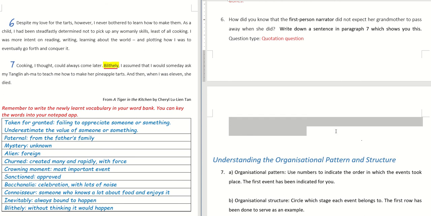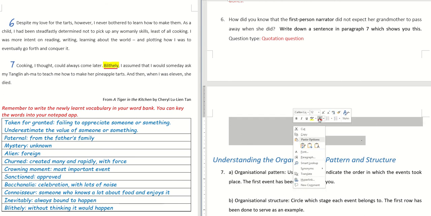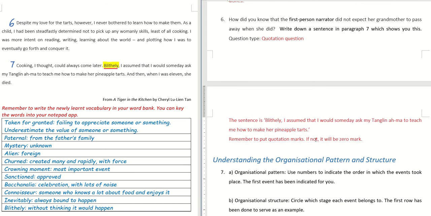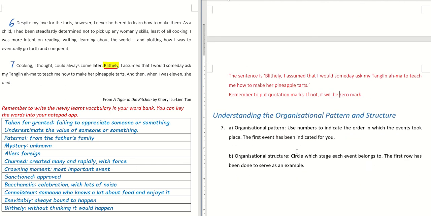The sentence begins with a capital letter and ends with a full stop. "Blindly, I assumed that I would someday ask my Tanglin Amma to teach me how to make a pineapple tart." Remember that for a quotation question, you need to put quotation marks in your answer, or it will be given 0 marks.